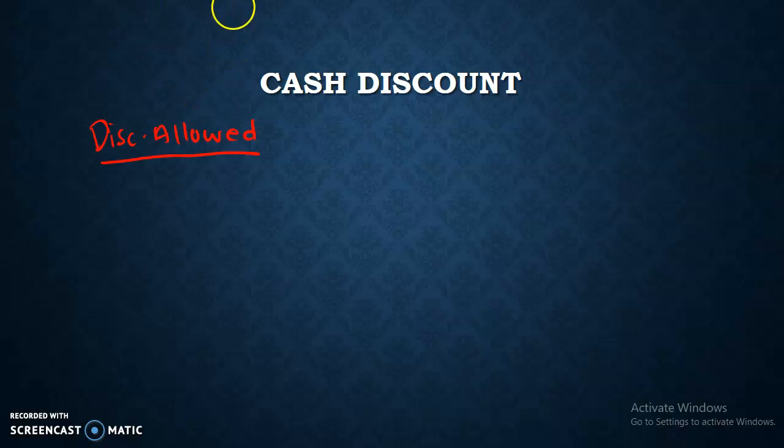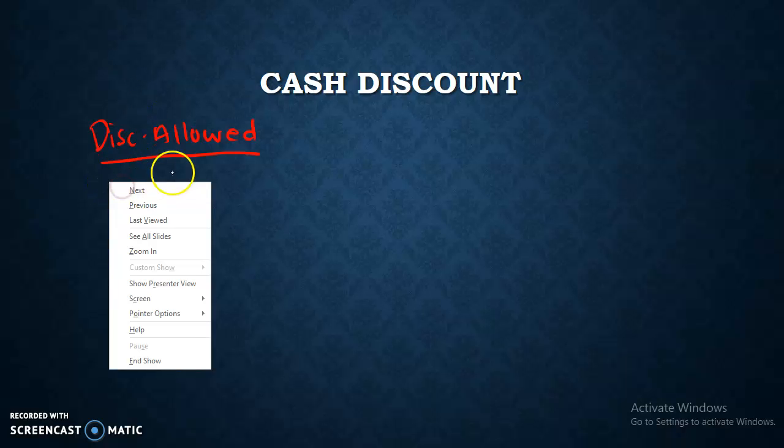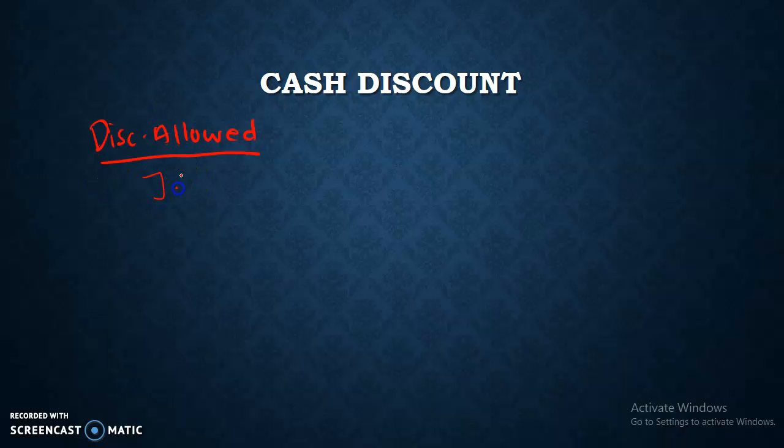For discount allowed, the journal entries will be debit discount allowed, and credit receivable account. So this will be the journal entry for discount allowed.